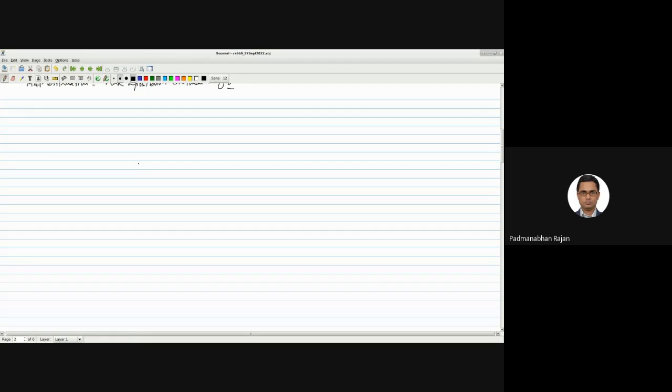Now let us look at the univariate case. Let us assume P of x given theta is normally distributed with mean mu and variance sigma square. We assume this is known.